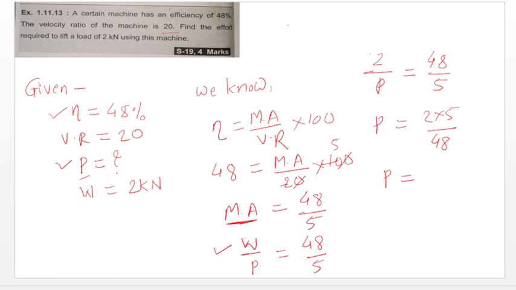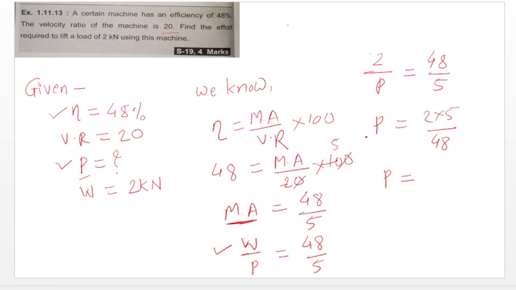You can get this answer by using the calculator. Just a minute, I will make the calculation: 2 into 5 divided by 48 is 0.208.